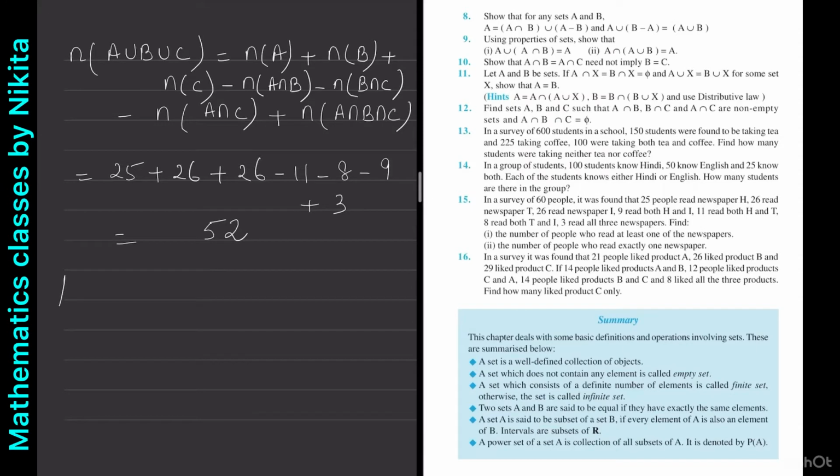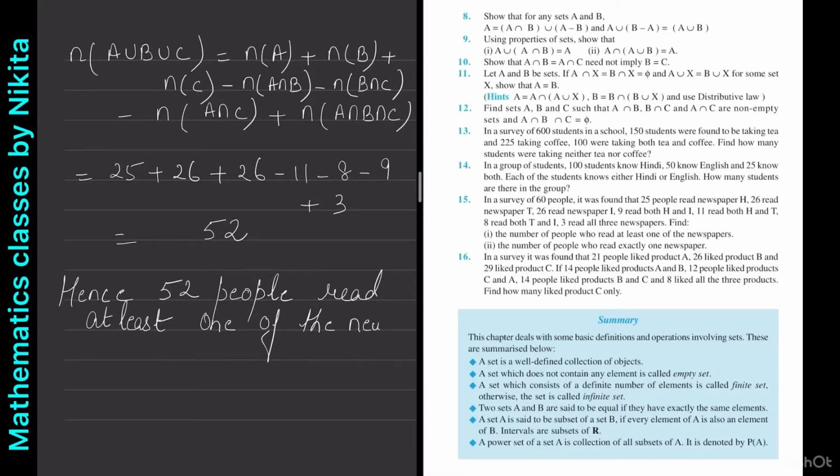So hence 52 people read at least one of the newspapers. That means one or more than one.